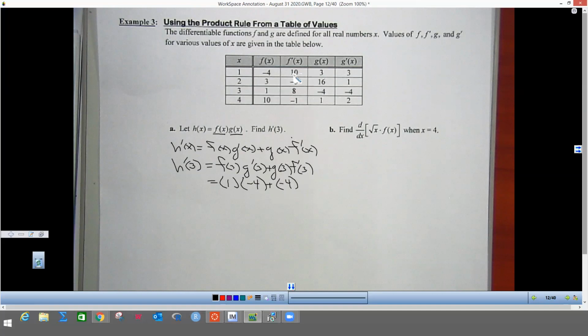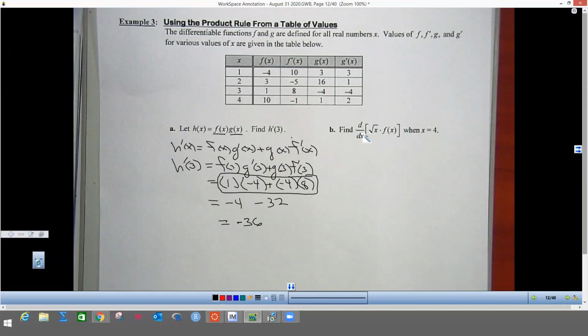And f prime of 3, there's f prime, and 3 is there, so this is 8. And then I'm going to simplify all this. So this is -4 minus 32. So this whole value would be -36. Now again, once you plug these numbers in right here, I could have stopped right there and been fine. That way I wouldn't have to worry about making a mistake down here.